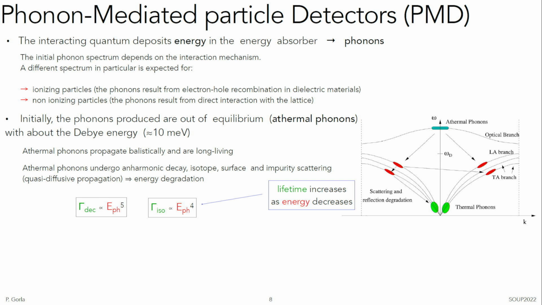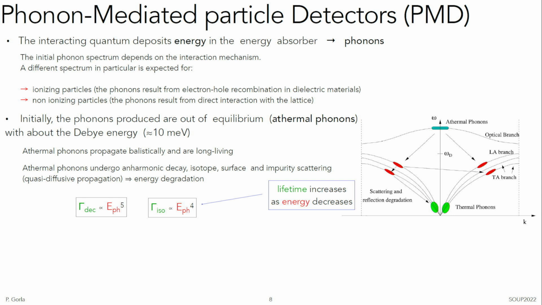Typical reasons for the degradation of the energy of phonons are impurities in the material, reflection at the surface, and other aspects.